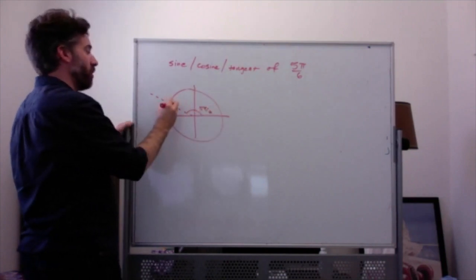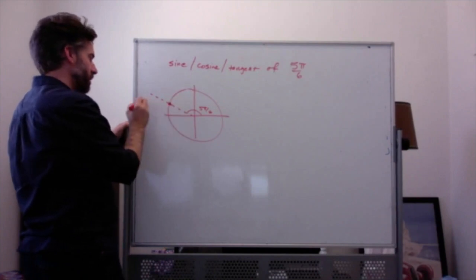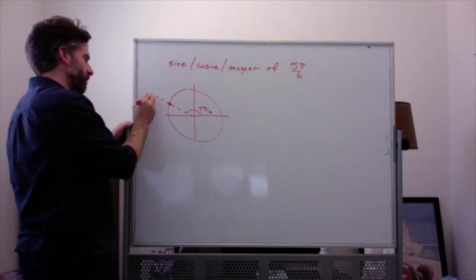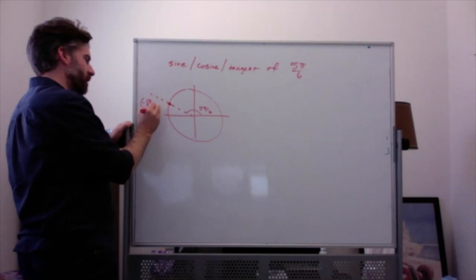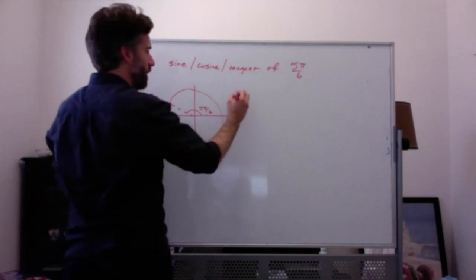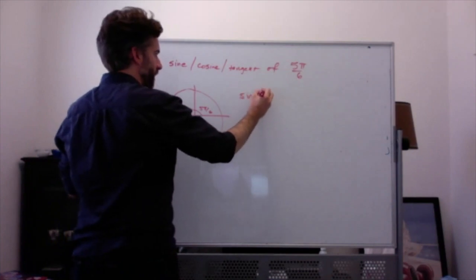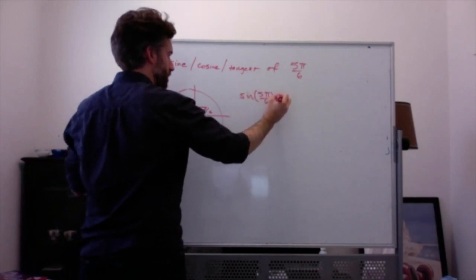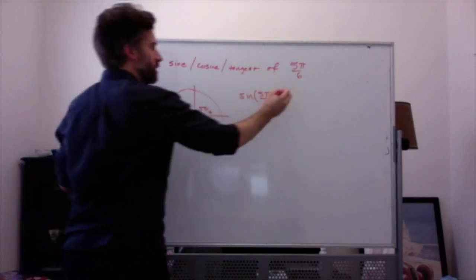And because I have memorized the unit circle, that coordinate is negative √3/2 for x and positive 1/2 for y. So sine of 5 pi over 6 is the y value, which is 1/2.